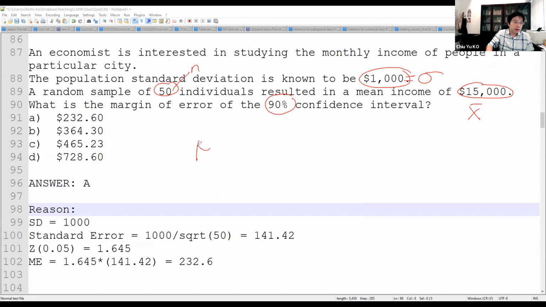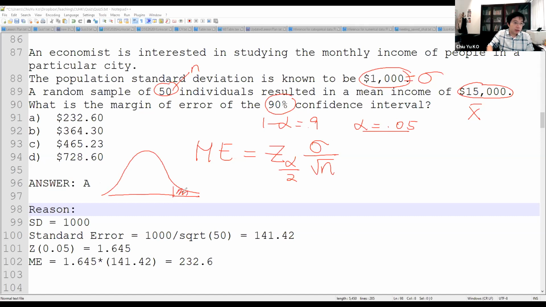So the margin of error will be z alpha over 2 times sigma over root n. And 1 minus alpha is 0.9, right? So alpha is 0.05, so z 0.05.